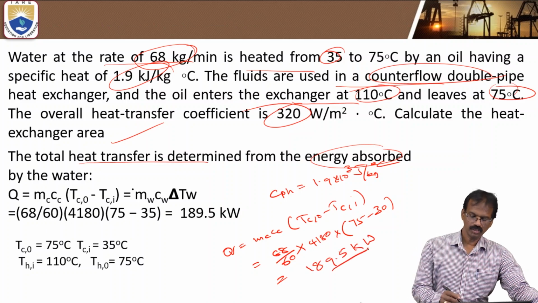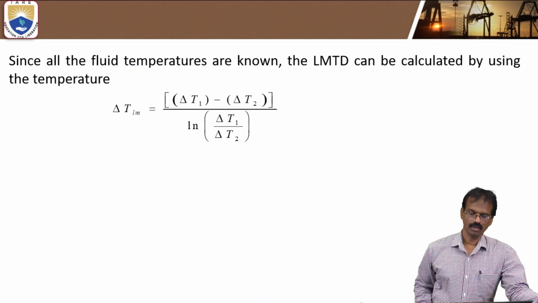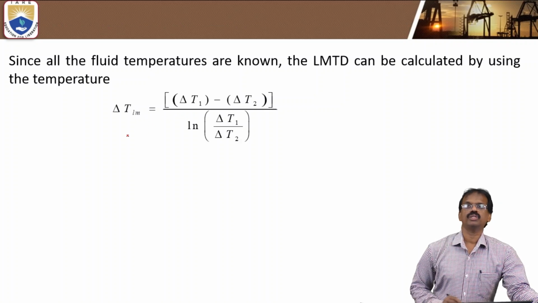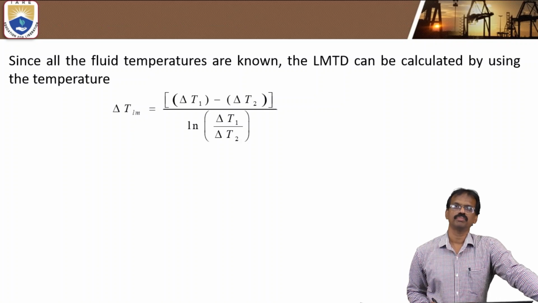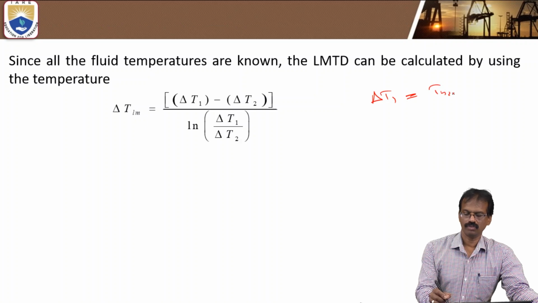By using this Q, you can find out the area. For this one, you know the formula: ΔTlm is equal to ΔT1 minus ΔT2 by ln ΔT1 by ΔT2. For counterflow, ΔT1 is equal to hot fluid inlet minus cold fluid outlet, and ΔT2 is equal to hot fluid outlet minus cold fluid inlet.